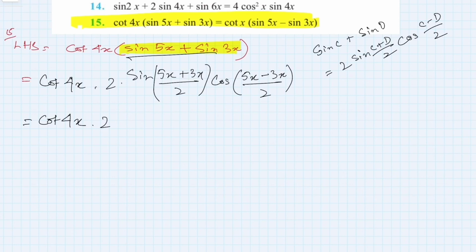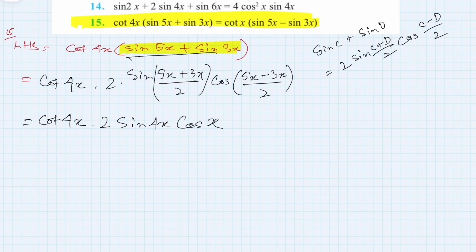Sine (5x plus thrice x by 2) is 8x by 2, that is 4x, so it will be sine 4x, and cos (5x minus thrice x by 2) is twice x by 2, that is cos x.